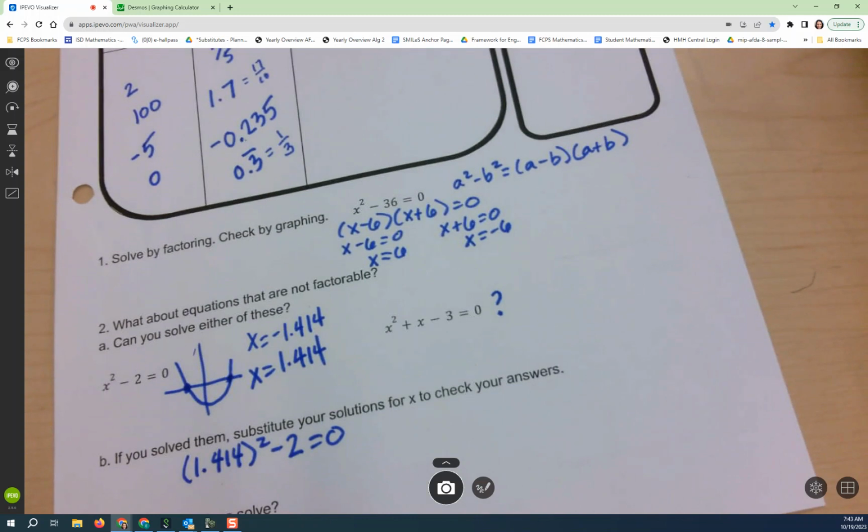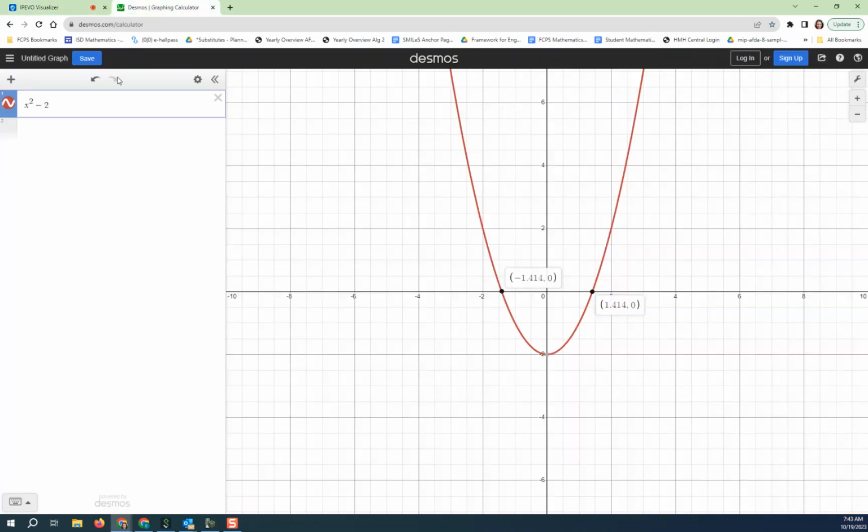So I'm going to go back to Desmos and try that. Okay, so it gets me really close to 0, but it's not exactly 0. It gives me -0.000604. So it's close, but not exact.